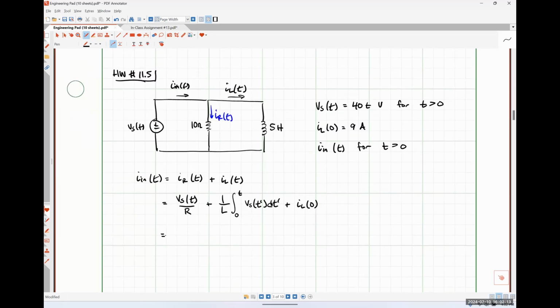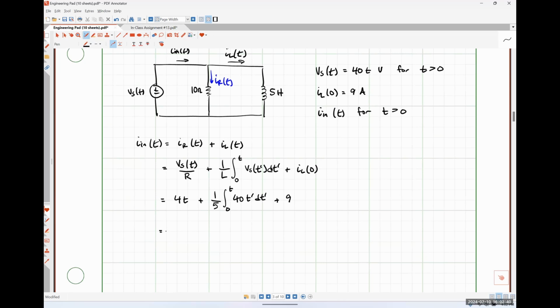So 40t divided by 10 is going to look like 4t plus 1 over 5 times the integral of 40t prime from 0 to t plus 9.